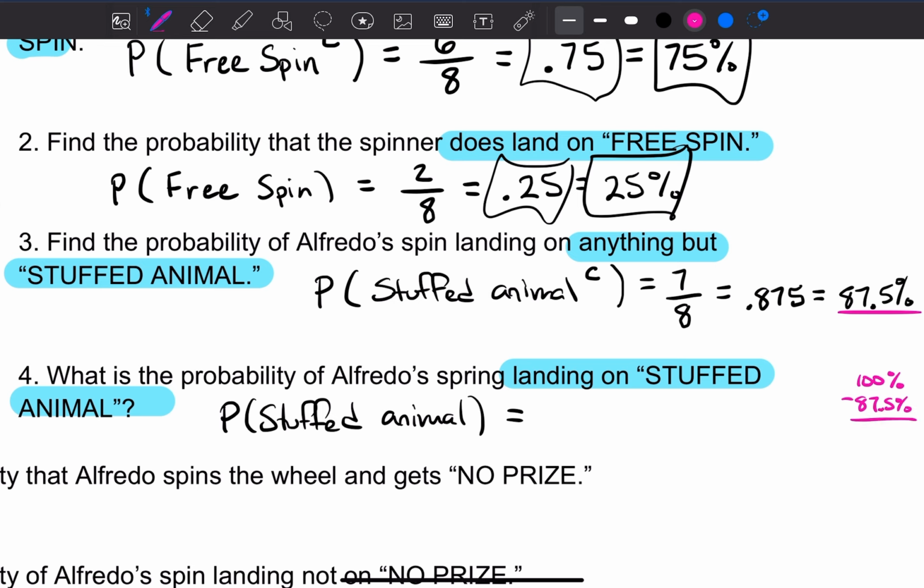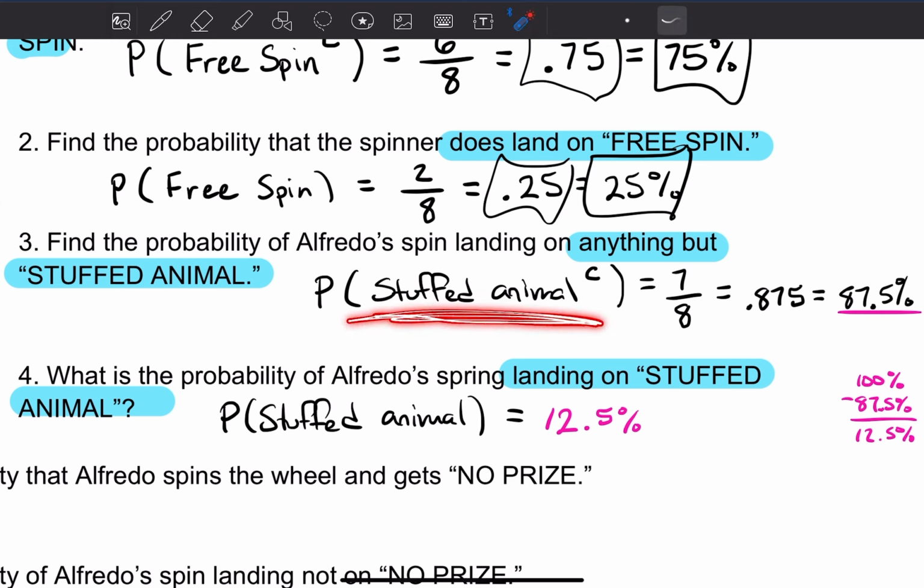And that will give me 12.5%. So without even looking at the picture, I already know that the answer to this question is 12.5%. Because I know the probability of it not happening, then I can figure out the probability of it happening. That's how complements work. If you know one, you can figure out the other.